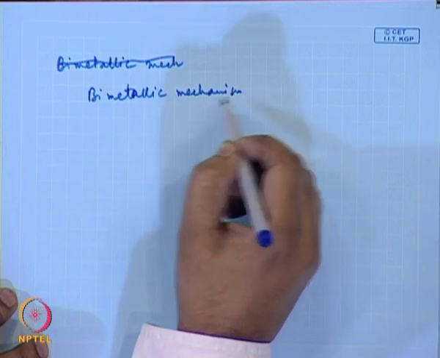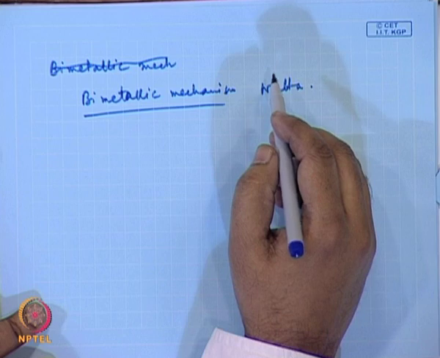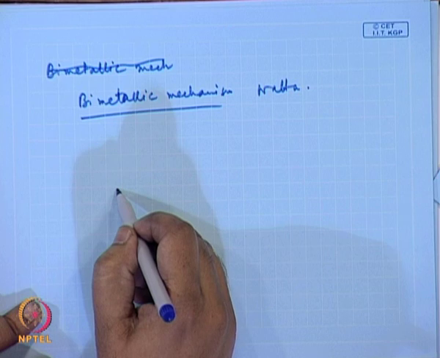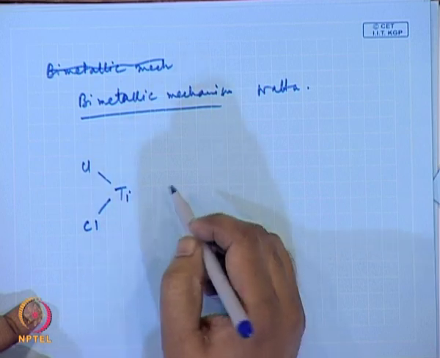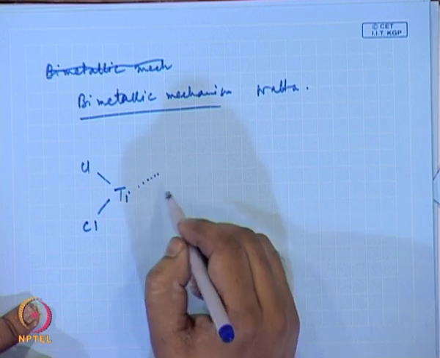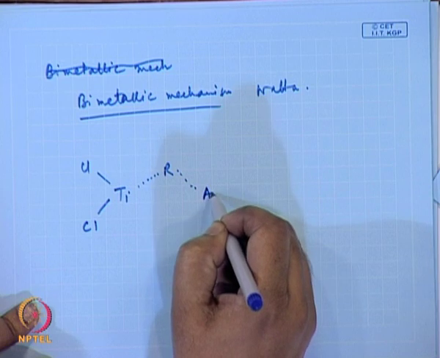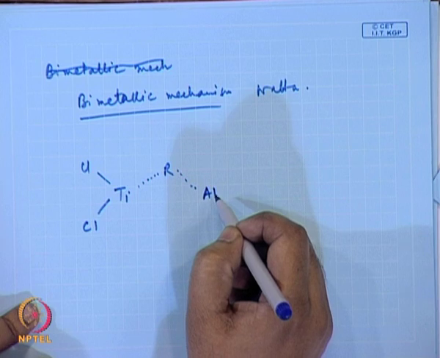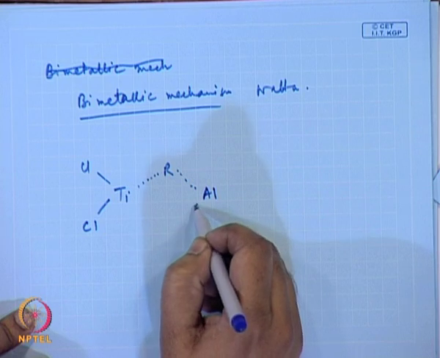This was originally proposed by Natta himself. Now, in this case the active site is an electron deficient bridged complex, formed by chemisorption of the electropositive metal alkyl with small ionic radius on the surface of the catalyst.